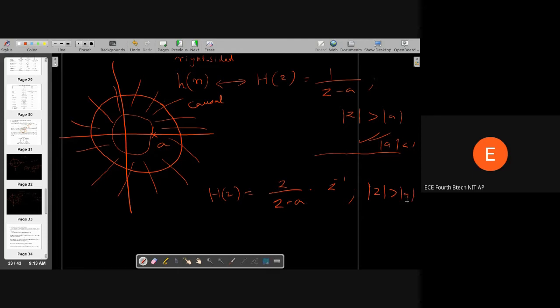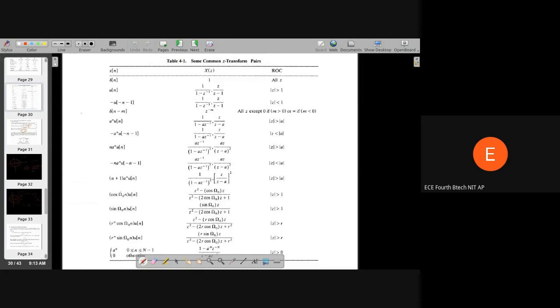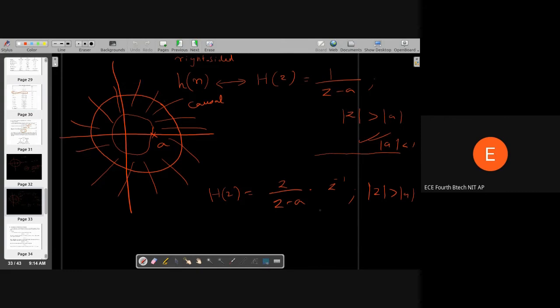If you check the basic Z transform properties and standard solutions of some of the Z transforms, you will see, for example, here you have Z by Z minus a, with |Z| greater than |a|, corresponding to a to the power n u[n].